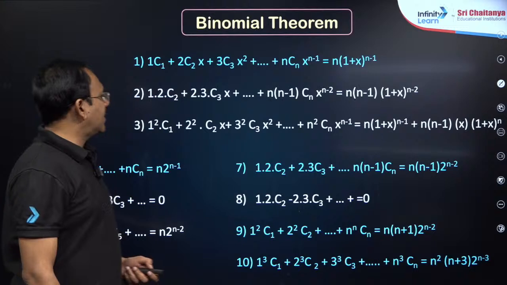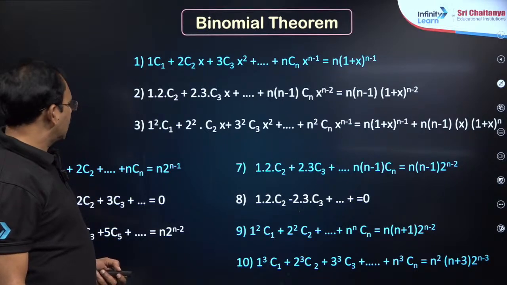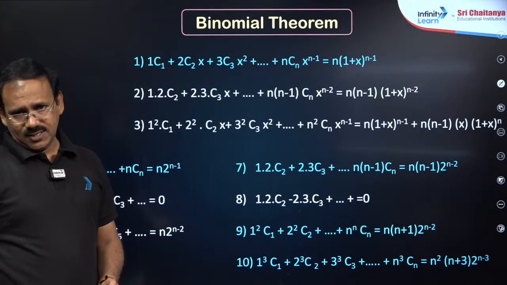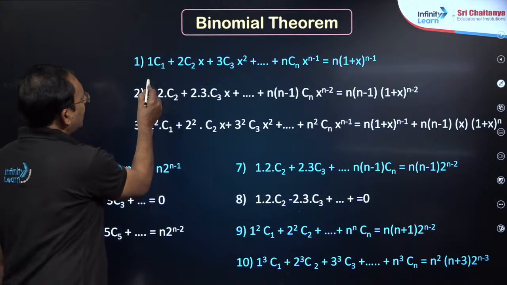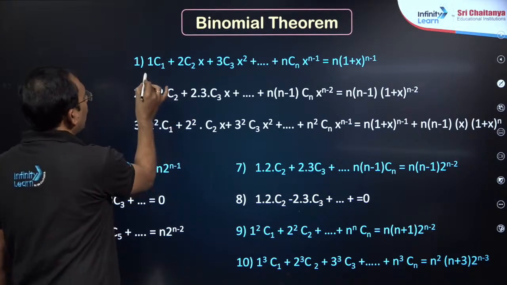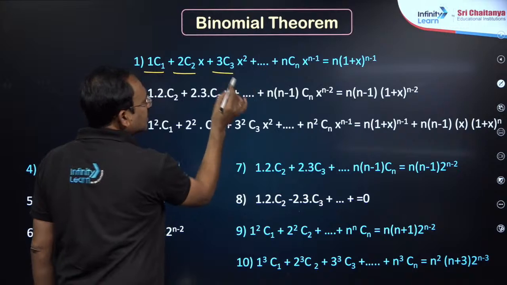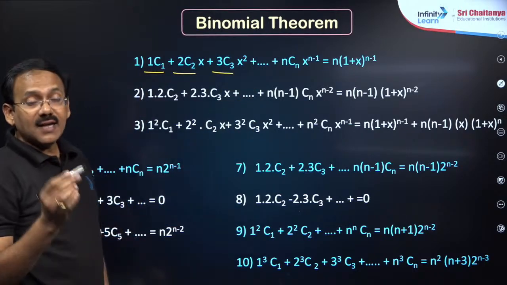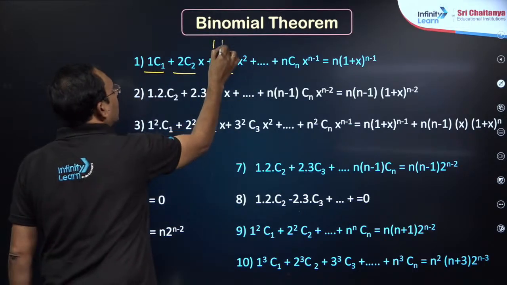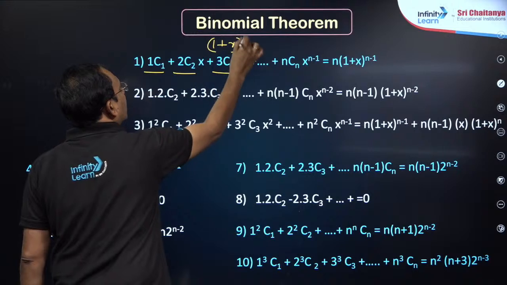Fine. The next, my dear friends. Okay, so I'll give you a couple of results here. Dear students, whenever you see a pattern like 1 into C1, 2 into C2, 3 into C3, this is obtained by taking the derivative of 1 plus x whole power n.